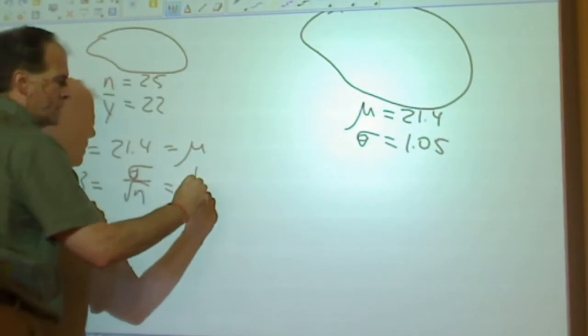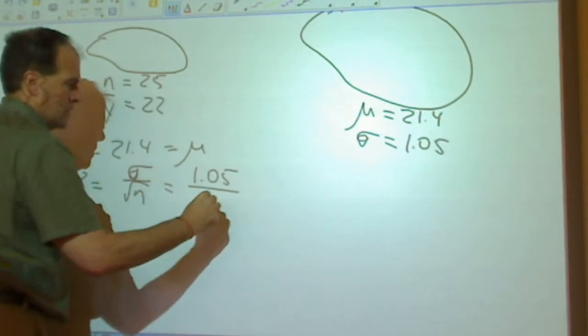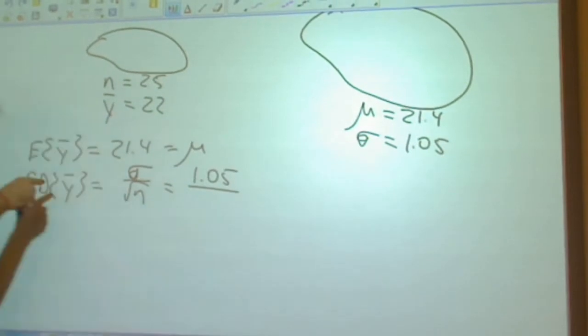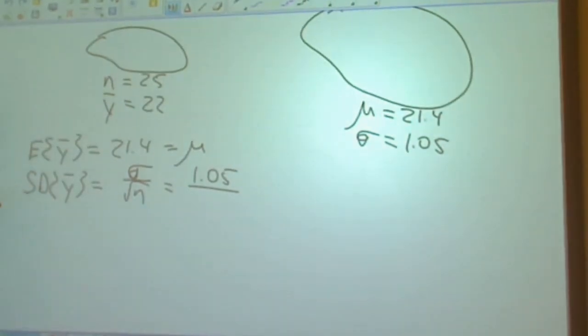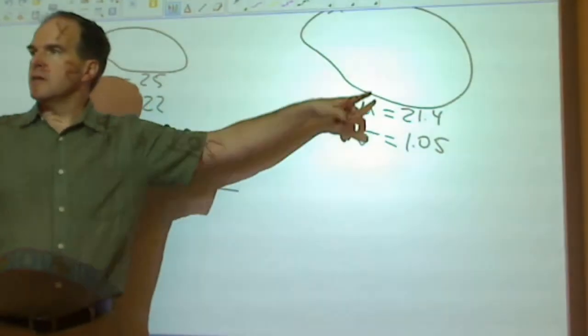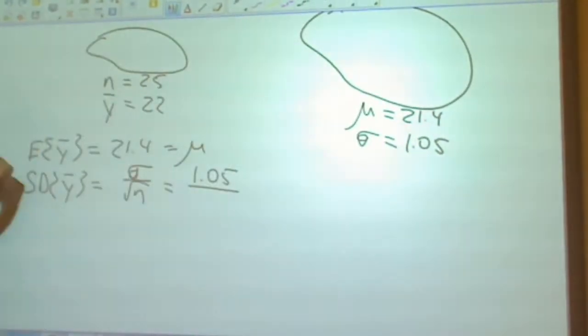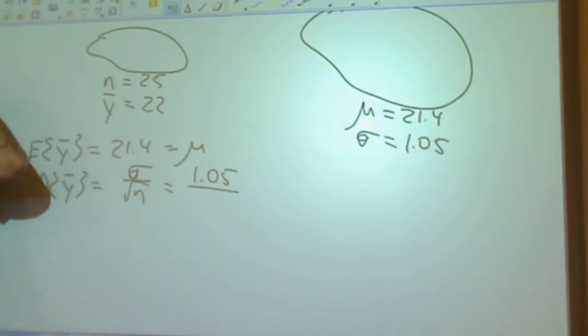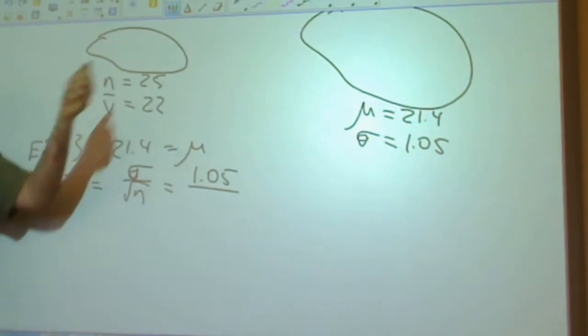That's what I was talking about a second ago, and I'm not sure when to use SD or SE. You use SD whenever you're using population parameters. You use SE only in confidence intervals at this point, where you're using sample data.